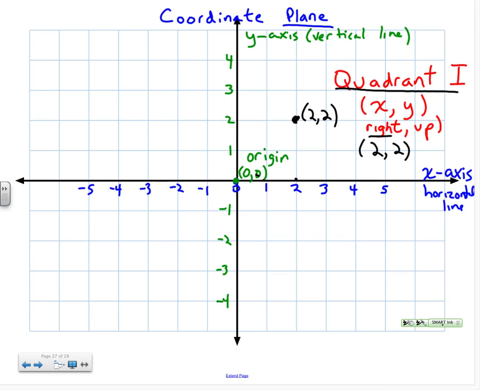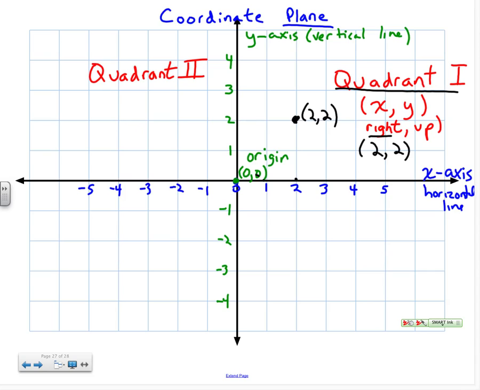The next quadrant, or section of our coordinate plane, is quadrant 2. Q-U-A-D-R-A-N-T. Roman numeral 2 is 2 capital I's. And if we notice when we start plotting points here, one of them is going to be negative.